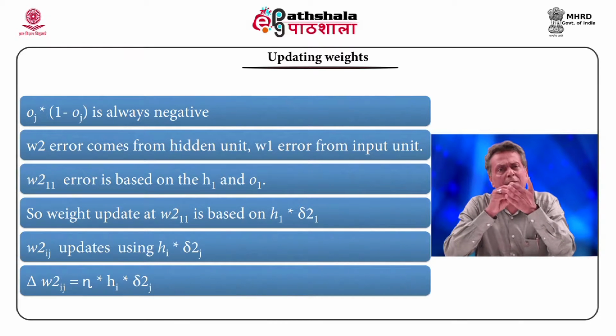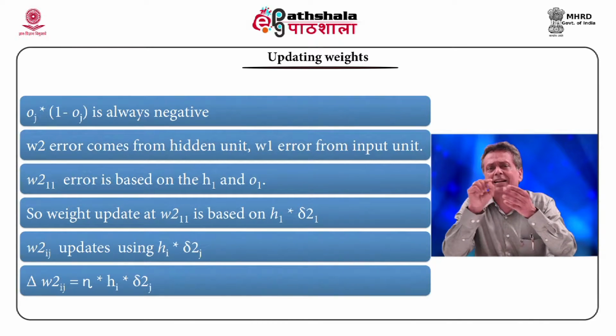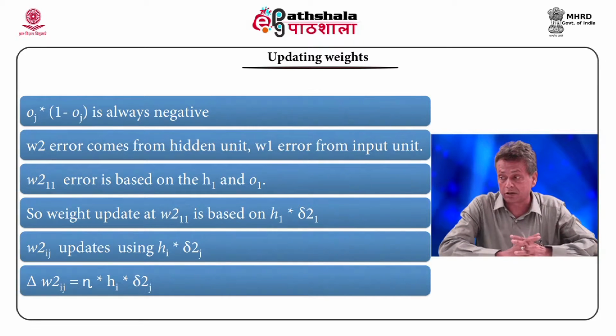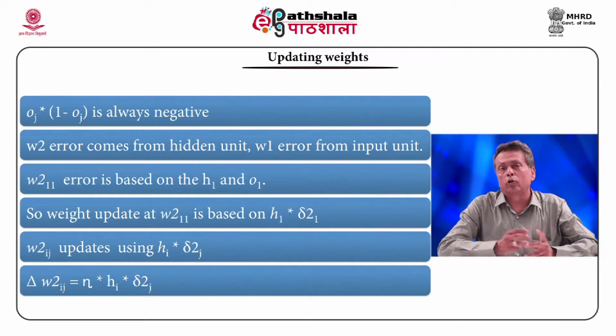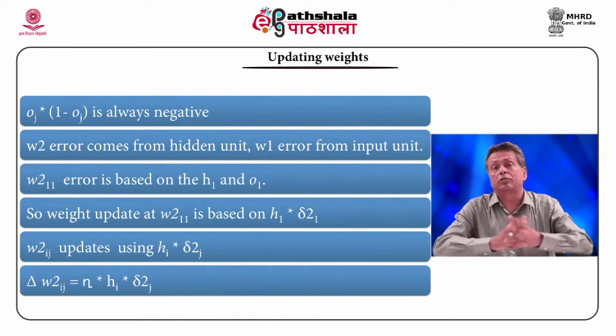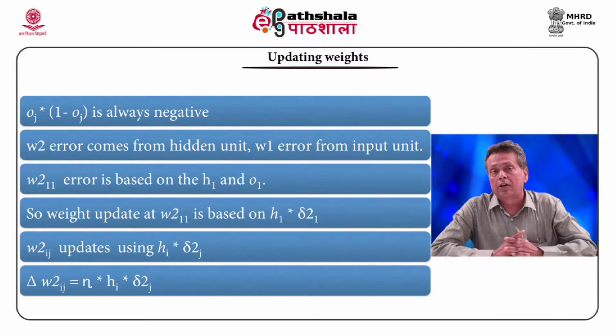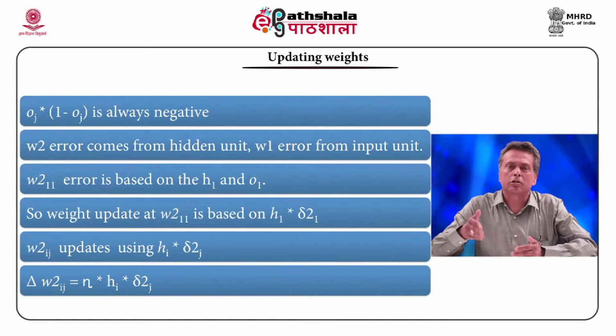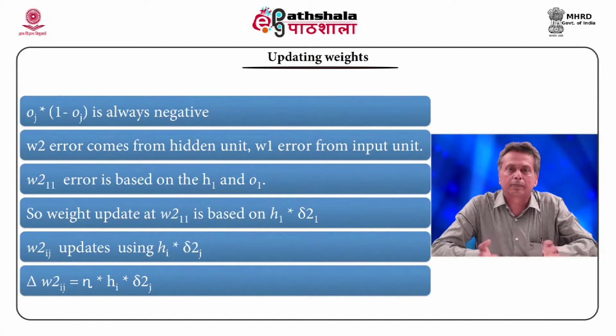So we have this multiplication hi into delta 2j, ith hidden unit, jth output unit. Remember this, they are not the same, i and j are different. So, if I want to update that weight, the formula is shown on the screen. That difference is known as delta W2ij. So, that is hi into delta 2j, and that is also multiplied by a value called eta, that is 0.35.